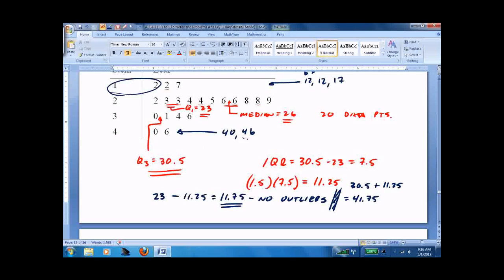And the highest data point is actually 46, so I'm going to put it up here as I'm running a little bit out of space. 46 is an outlier. It's greater than 1.5 times the IQR away. There's a lot to work with here, but the math is very simple. Just a little bit of memorization, and make sure you understand how to find Q1, Q2, Q3. The rest follows along. Good luck.